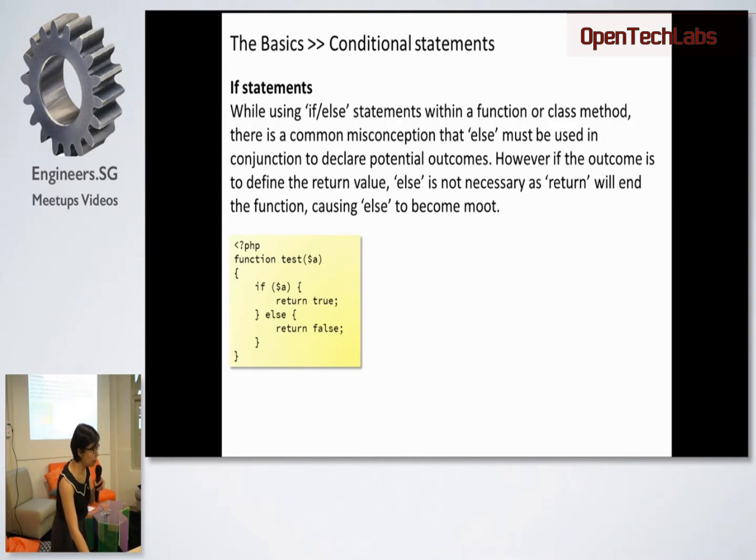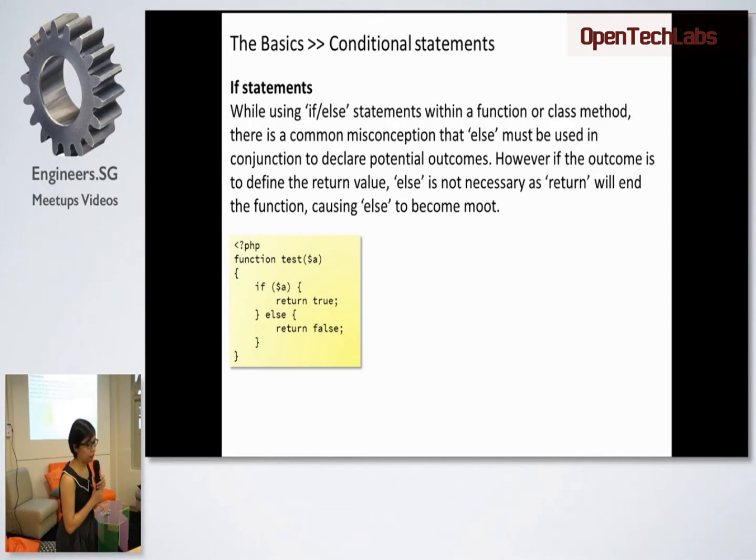So you can have a simple if, where if a condition is equal to this, then you perform this, or you can have a nested if. This example is a function wherein you pass a parameter inside the function for you to evaluate, and it will return true if it's true, and otherwise it will return false.